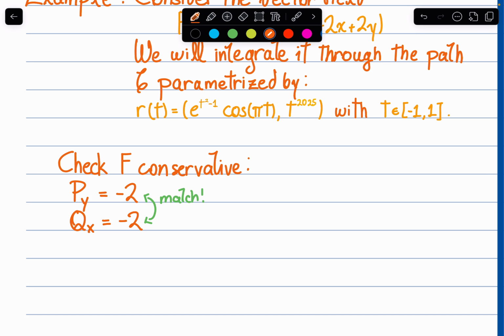Observe that the two partial derivatives in question match, so it happens that f is conservative.